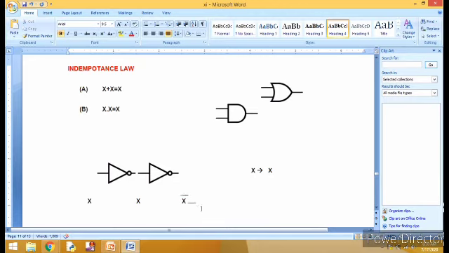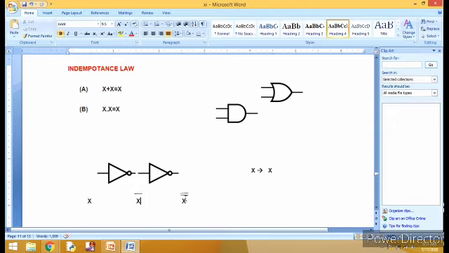It will be like this: if the input is X, you get the inverse of X here, and if it passes through one more NOT gate, you get the double inverse. So what does the double inverse mean? If you get the signal 0, it gets converted to 1.